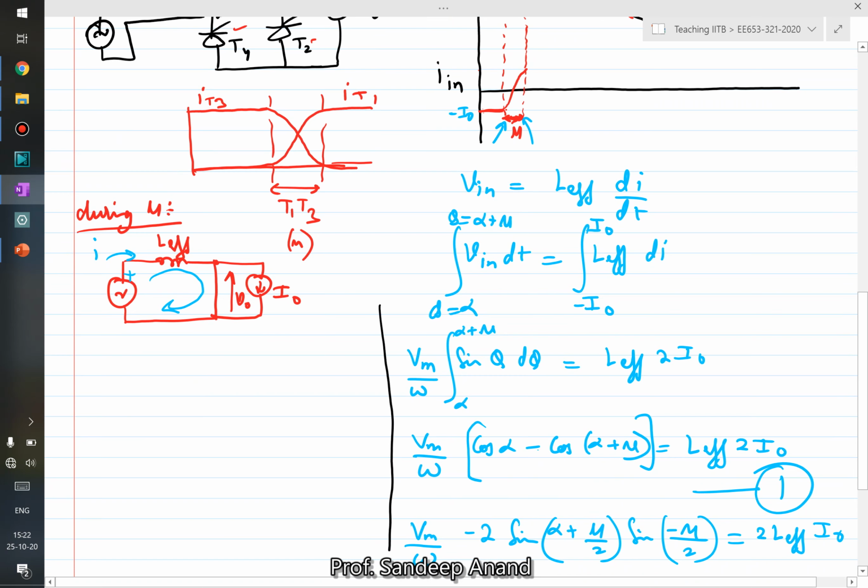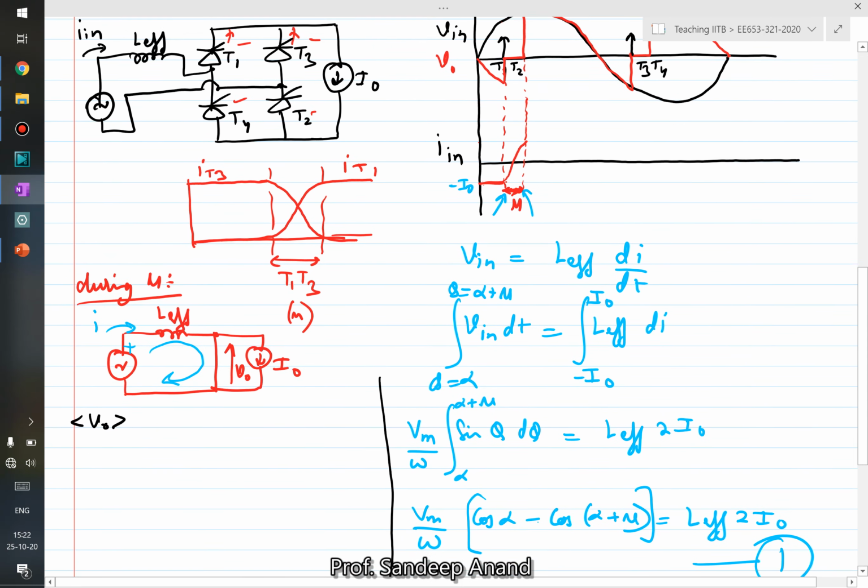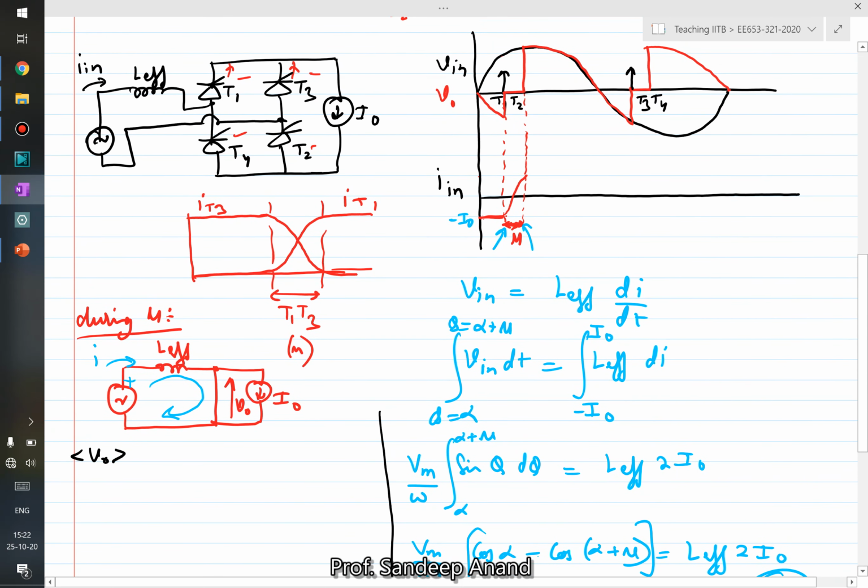Let me use this space here. So the average output voltage, if you focus on the red waveform, which is VO, I can write as the original average output voltage, wherein the voltage would have increased at alpha itself, which was 2Vm by pi into cos of alpha, minus the average value, which is 1 upon pi integral of alpha to alpha plus mu Vm sine theta d theta.